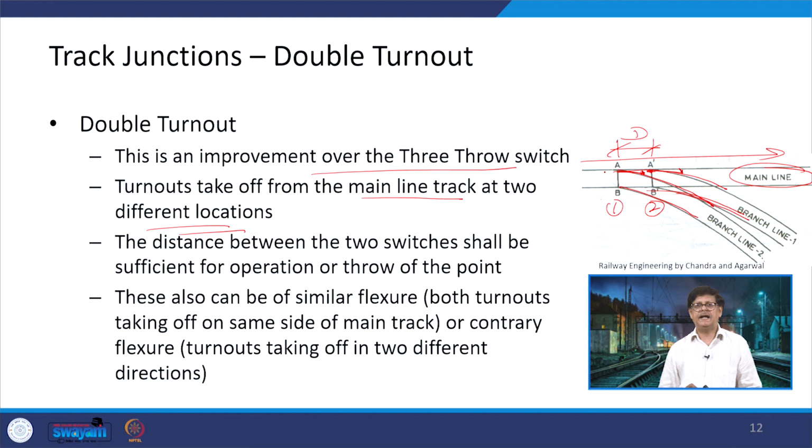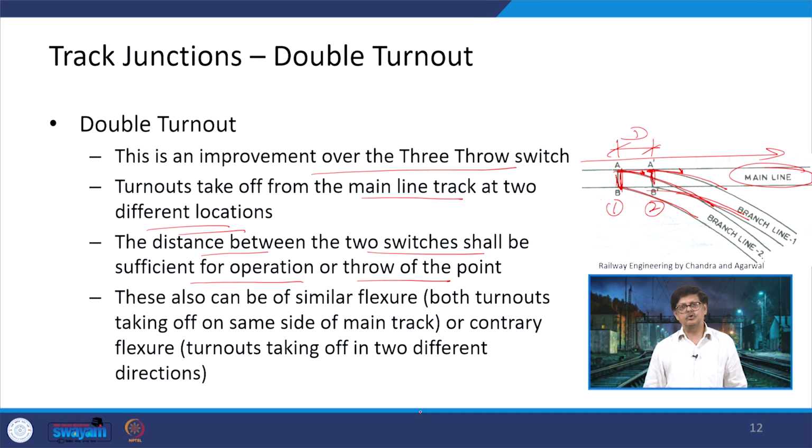So, there should be adequate space between these 2 switches, so that the operation of the switches can be done in an easier manner. That is what it says: the distance between the 2 switches shall be sufficient for operation and throw of the point. When we say point here, we are talking about this point, and the switch is on this side.